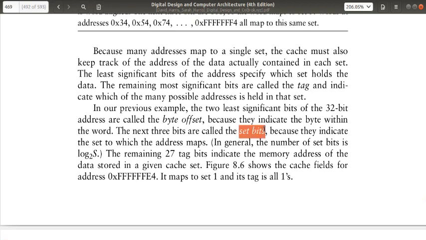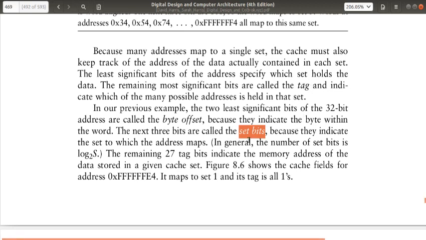They help the processor or the digital logic circuitry to identify which set in the cache a particular block in the main memory has to be moved to when it is being taken. Then in the main memory, in the byte or word address, there are 27, right?